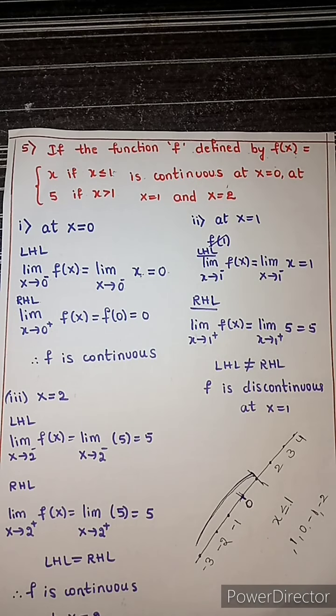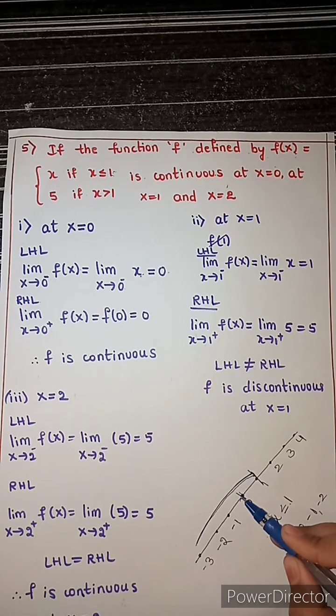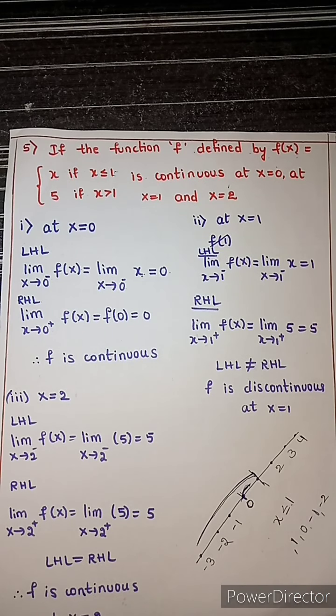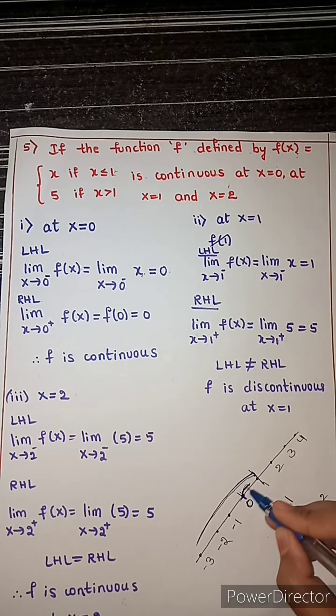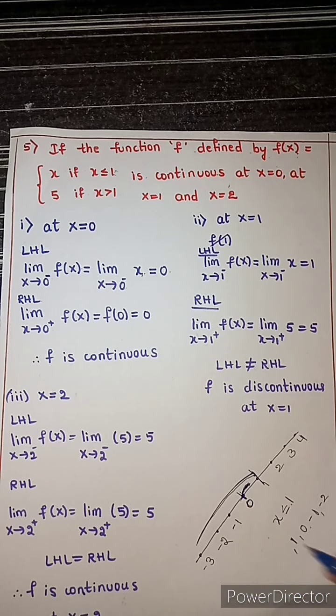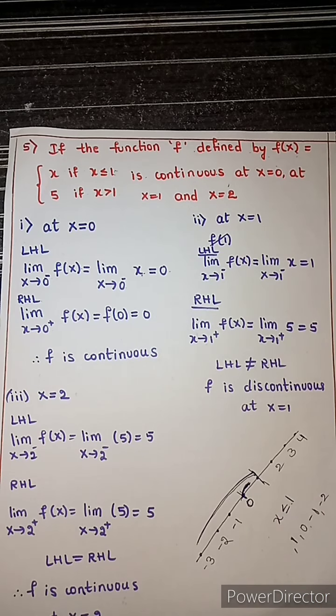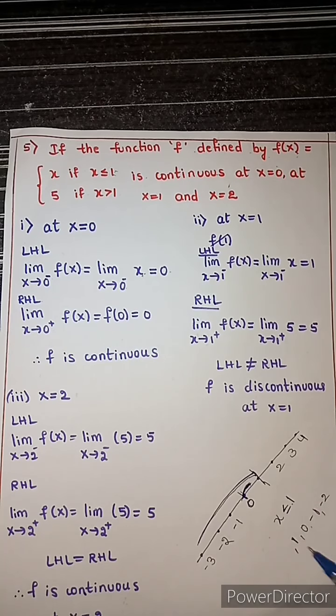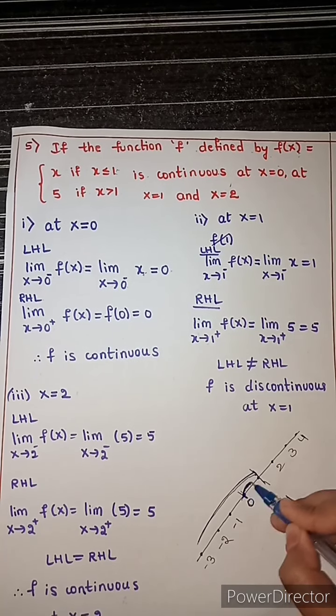Put 0. Now let's take the right hand limit. Limit x tends to 0 plus. Even here we can't take the second condition, because 0 plus means the number should be somewhat greater than 0. See, in the first condition itself we will get this, x less than or equal to 1, so 1, 0, minus 1.